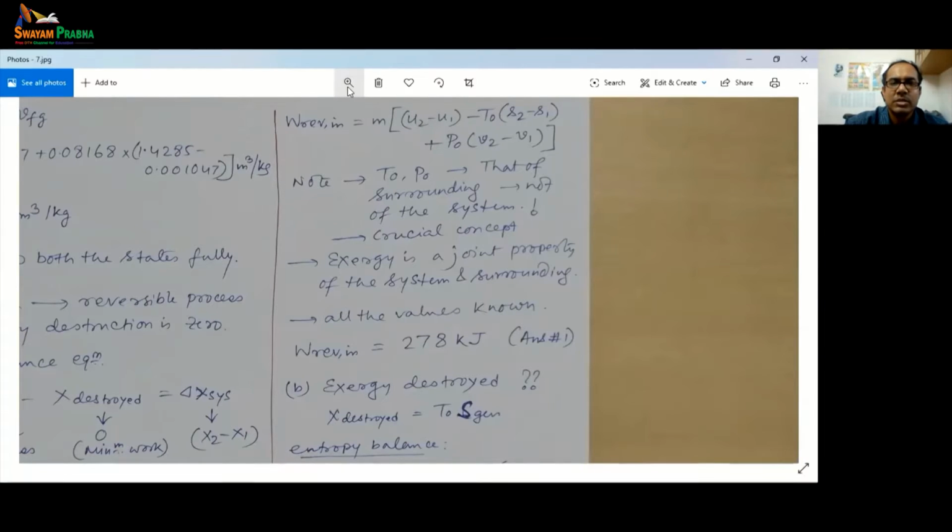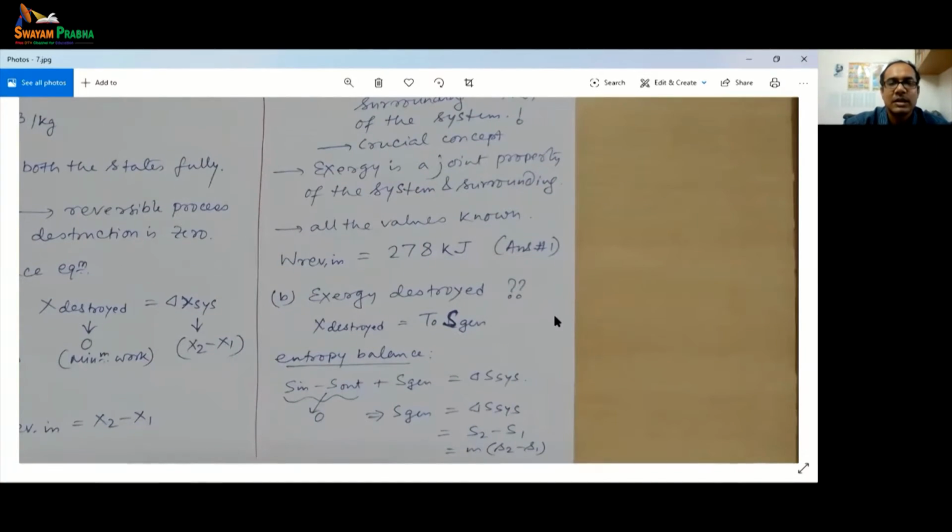That's a minuscule amount, right? The actual work we are putting in is 1400 kilojoule, and the minimum work we require, if the process is reversible and idealistic, is less than 300 kilojoule. The sense of perspective is very important: how much work we are losing to the irreversibility.